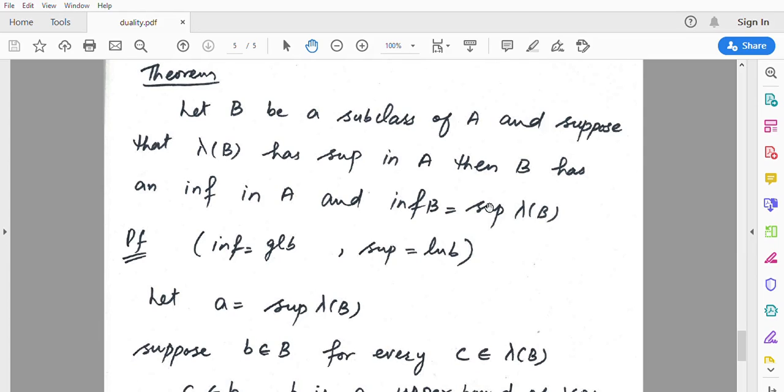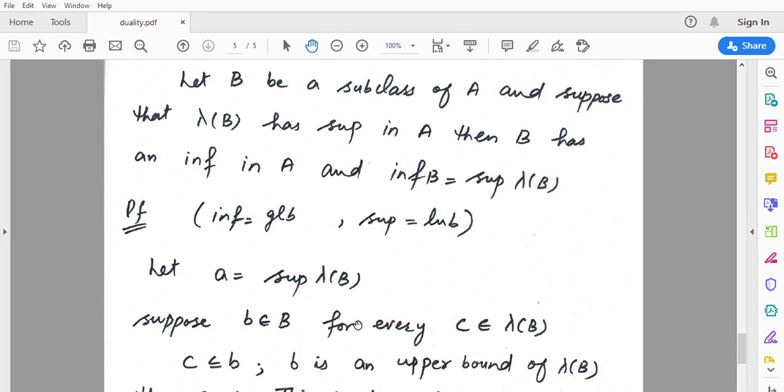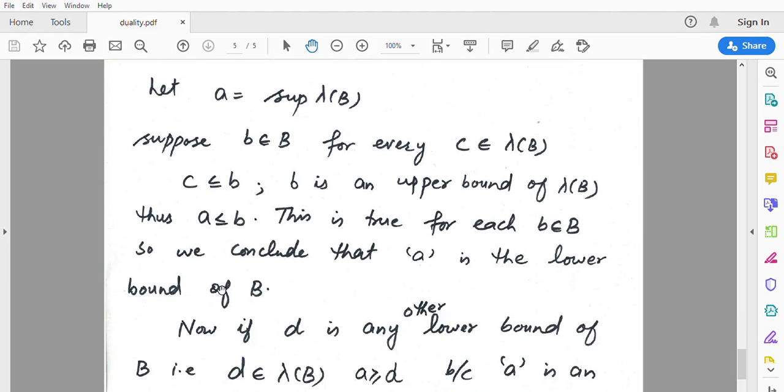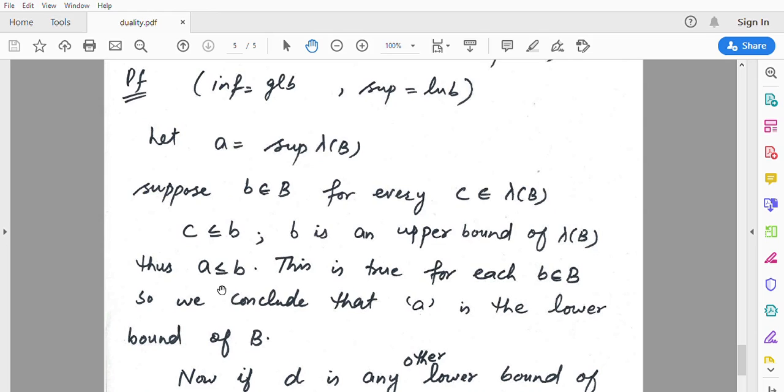Now, because it's a single unique element, let us suppose that A is equal to the supremum of lambda of B. Instead of writing the supremum of lambda of B, we will just say A, because it's an arbitrary element.